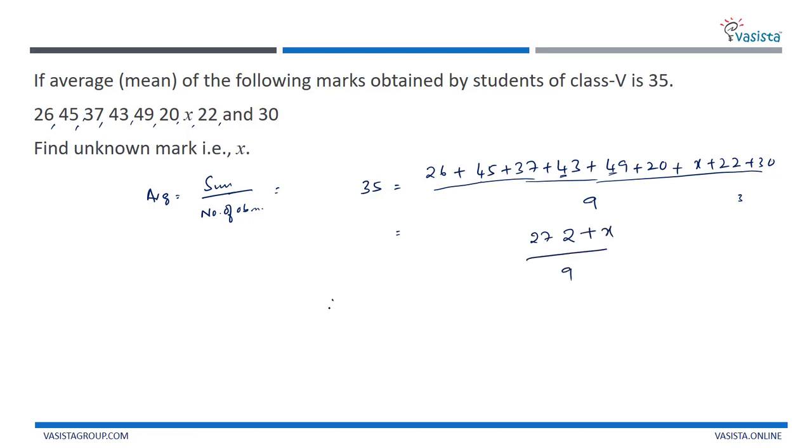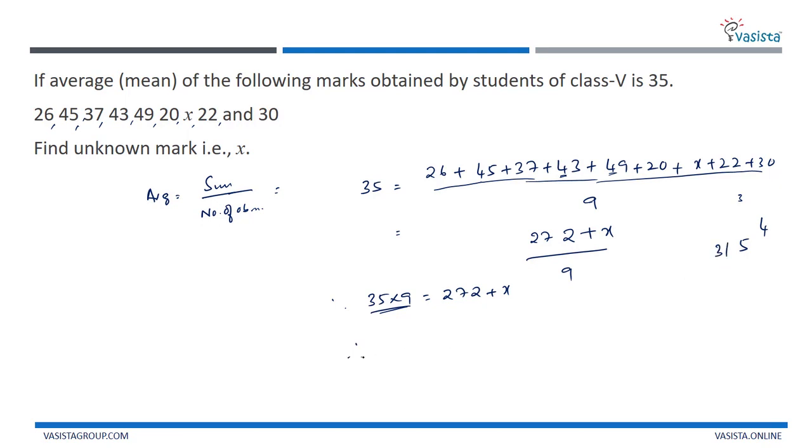Now therefore, this will become 35 into 9 is equal to 272 plus x. Now this I multiply: 9 7s are 63... 9 5s are 45, 5 and 4 carry, 9 3s are 27 plus 4, that is 31.